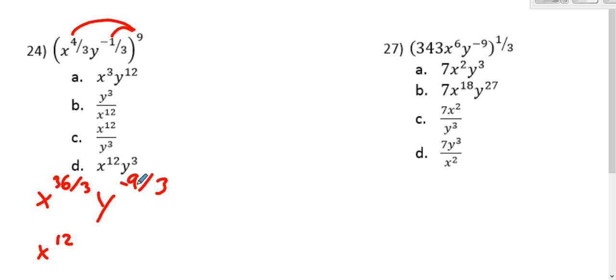Y, -9 divided by 3 is -3. Since that's a negative exponent, you make it be 1 over. We have x to the 12th times 1 over y to the 3rd. So x to the 12th is on top, y to the 3rd is on bottom. C.